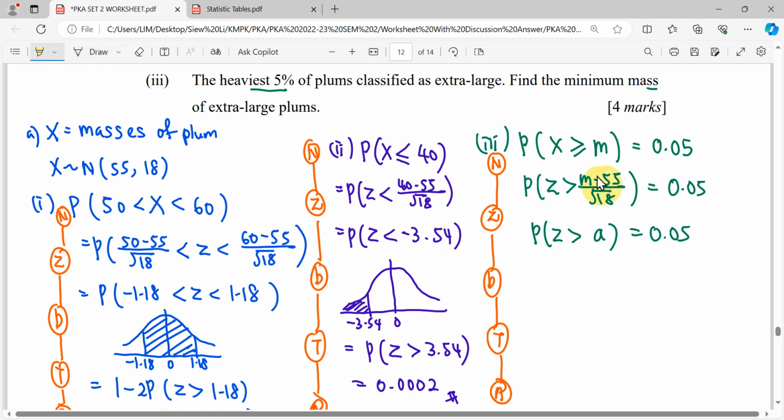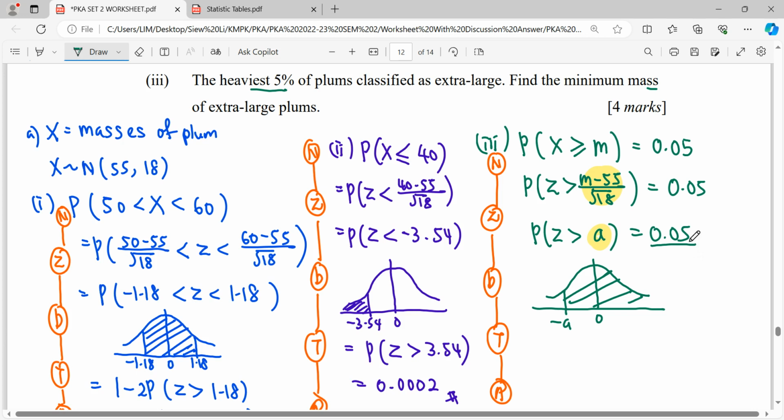So I represent this as a symbol A so that it is easier for us to write. For this Z score that we don't know, we need to guess whether it is a negative or positive value. If we put it in negative value, the region is more than half, but this figure here does not even reach 0.5.